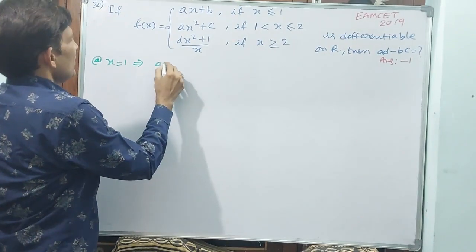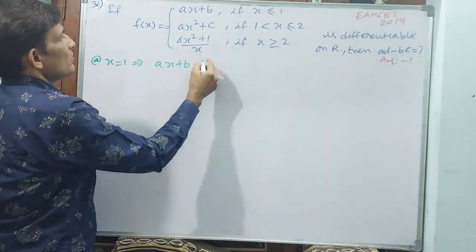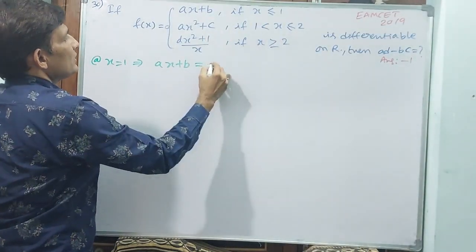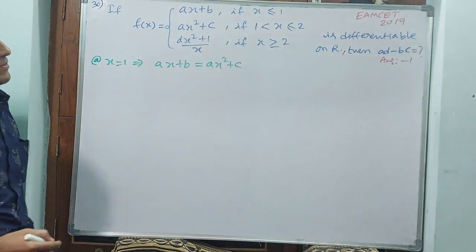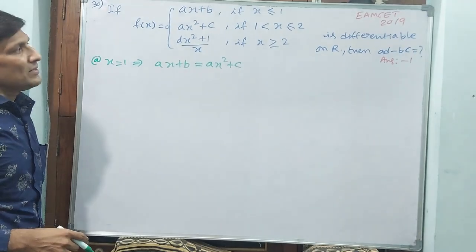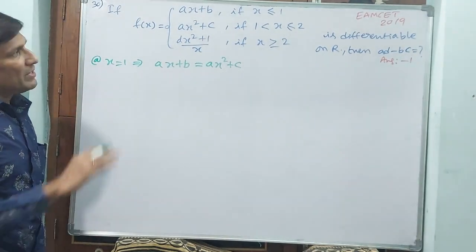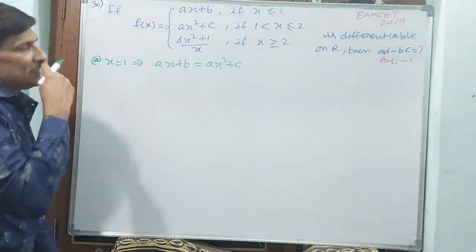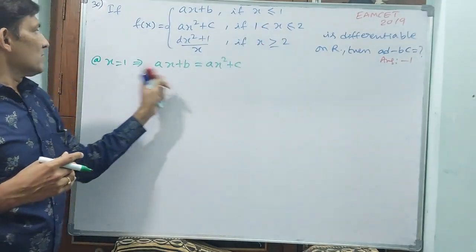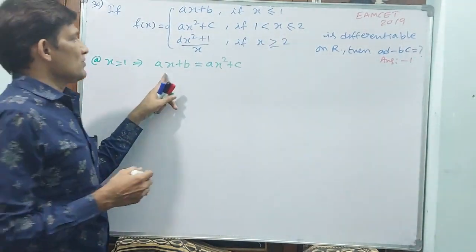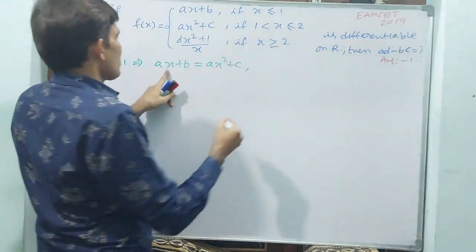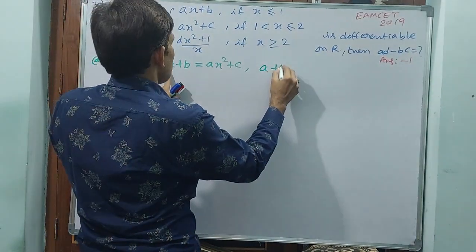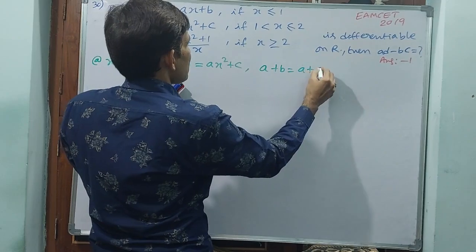ax plus b is equal to ax square plus c. Continuous means it has to match, no? Greater than means 1 plus, less than means 1 minus. Now x is equal to 1 means automatically a plus b is equal to a plus c.